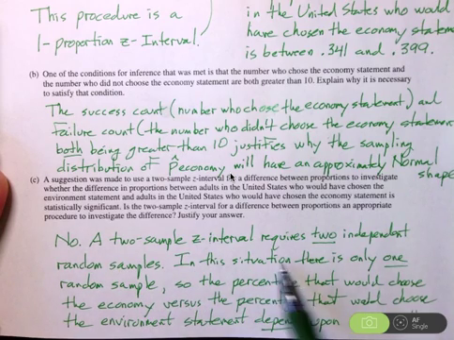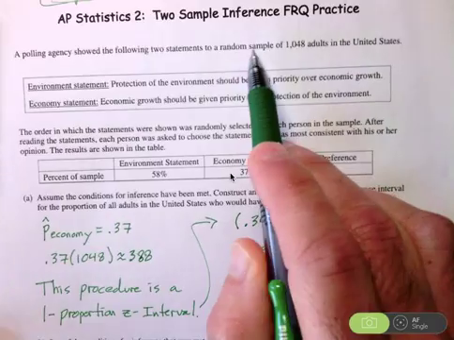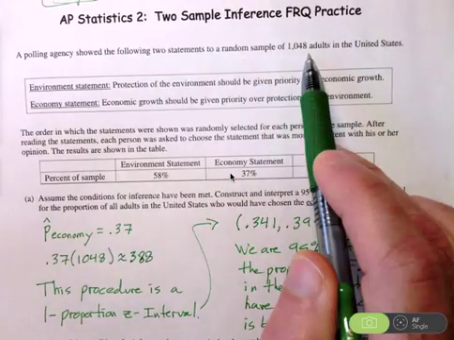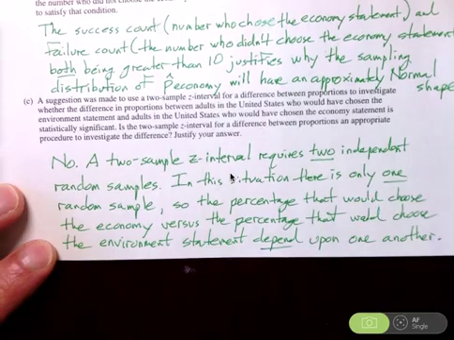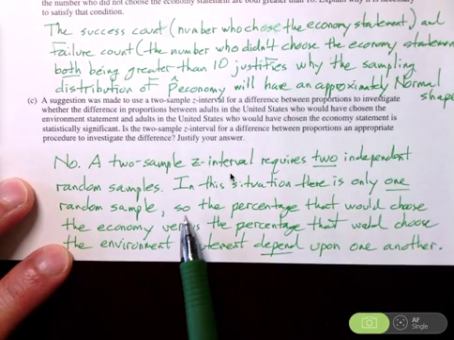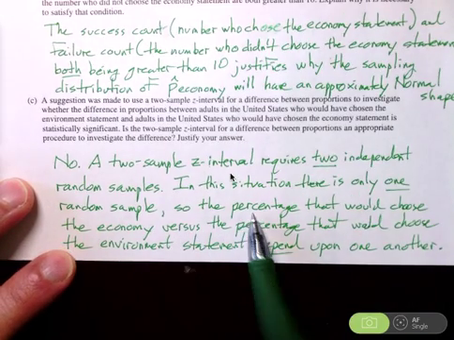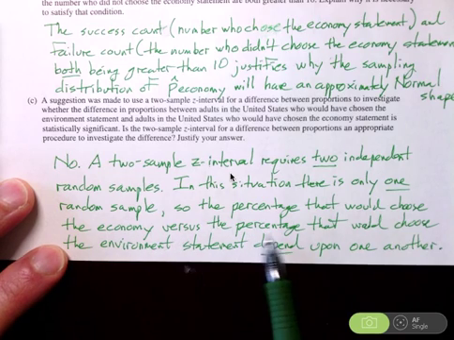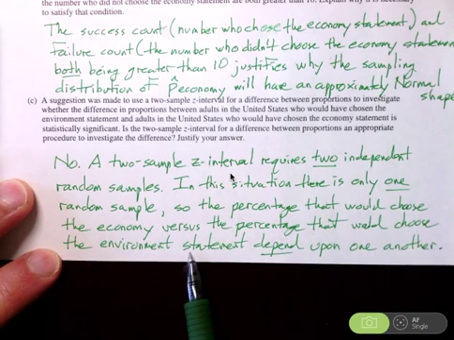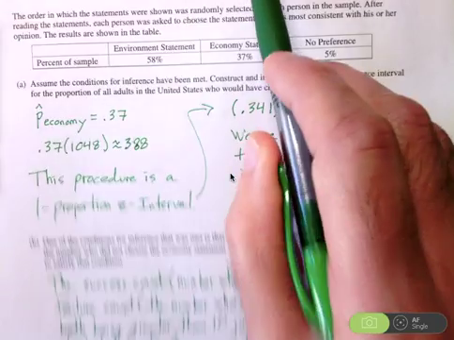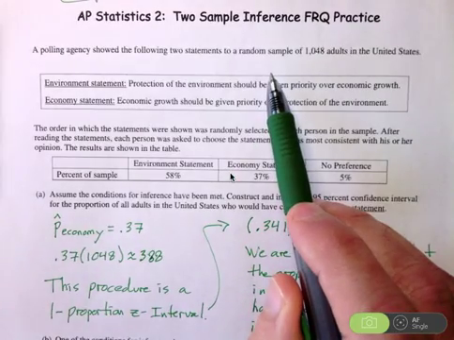In this situation, there is only one random sample. It says so in the very first sentence. There's only one random sample, so we don't have two independent random samples. In other words, the percentage that would choose the economy statement versus the percentage that would choose the environment statement in this one random sample, they depend upon one another.